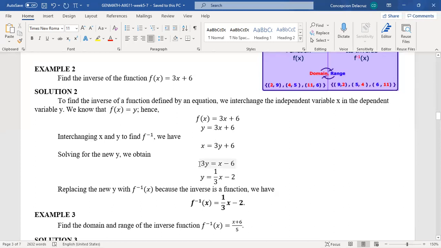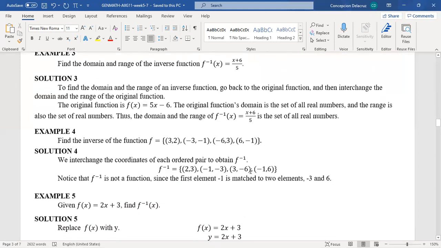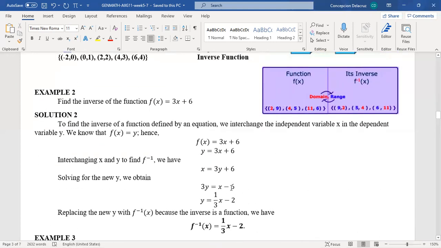Since y is what we are looking for, we need to divide by 3. So we divide 3y by 3. So y is equal to x minus 6, all over 3.